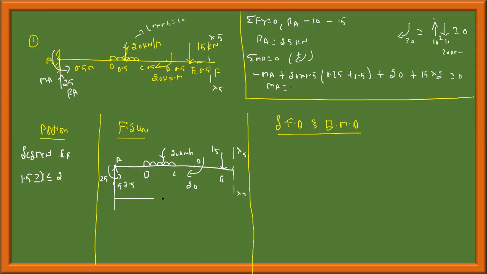This is at a distance x, or I'll write the equivalent sketch of this x. 25, 57.5, A, B, C, D, 20, and at point E, I have a 15 kilonewton load.